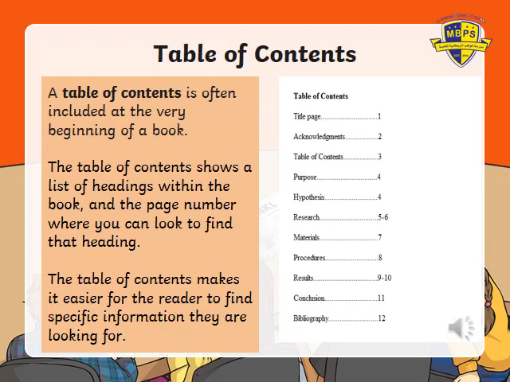Next we have table of contents. If you look at your student's book, you can see at the beginning there is a table of contents available, and on that page they have given you the topics that you will learn in this book along with the page number.